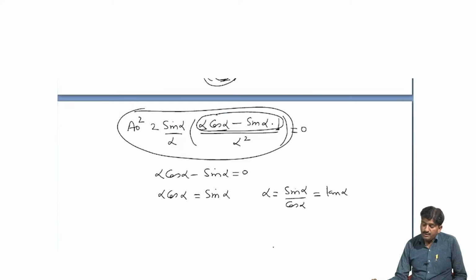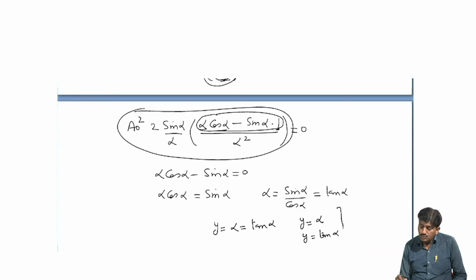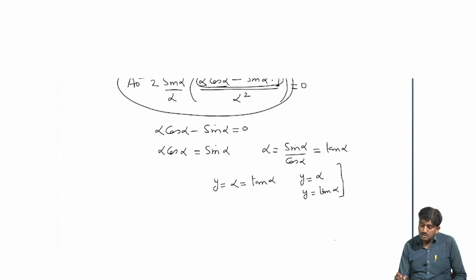It means suppose we write y equal to alpha and y equal to tan alpha. These are the two equations, and the intersection points of these two curves represent the locations of secondary maxima.